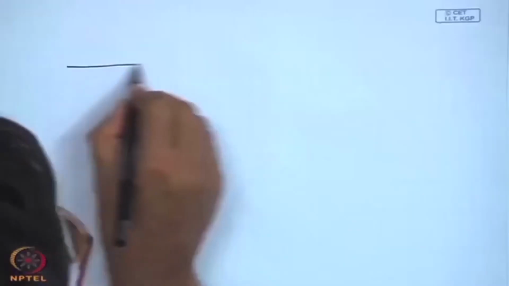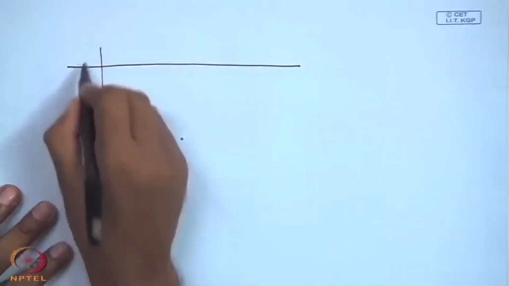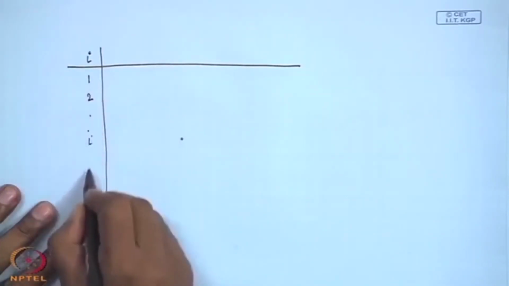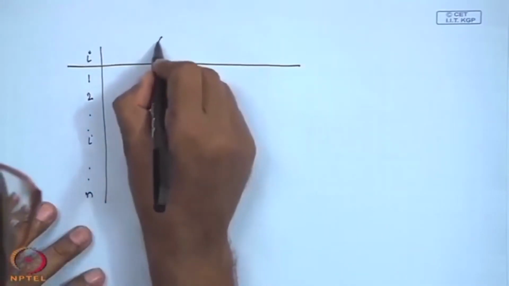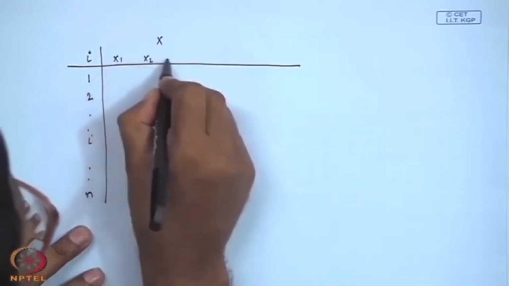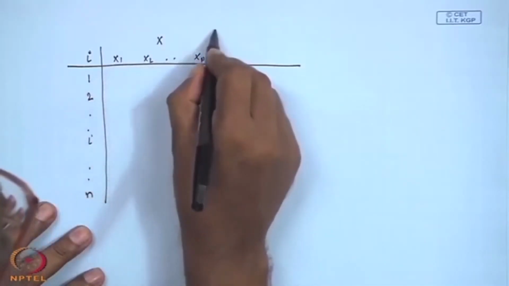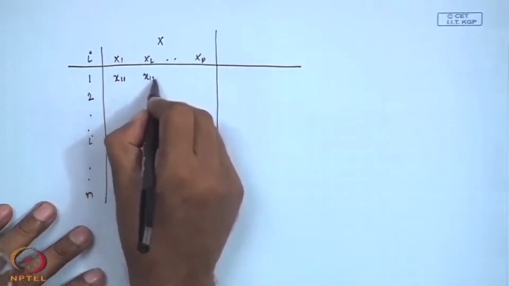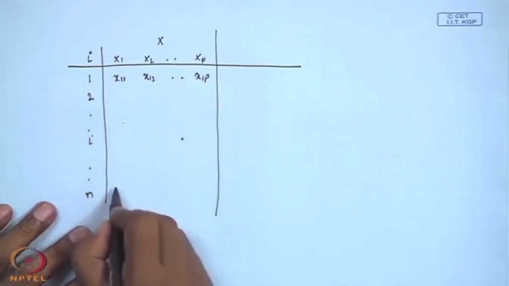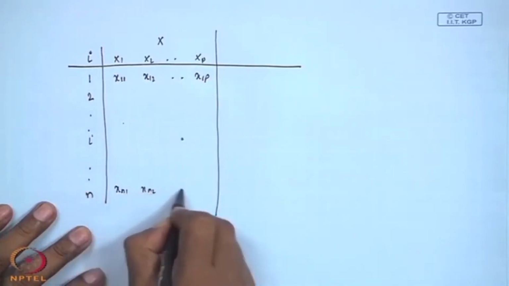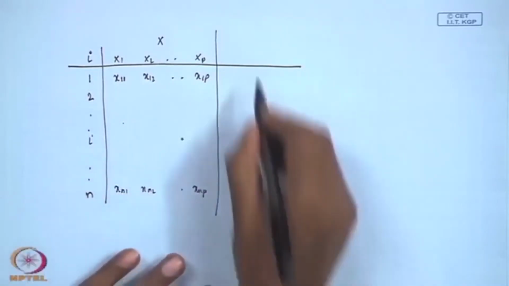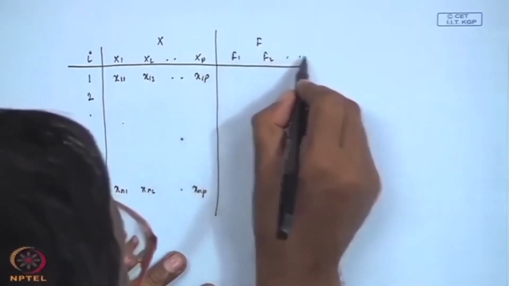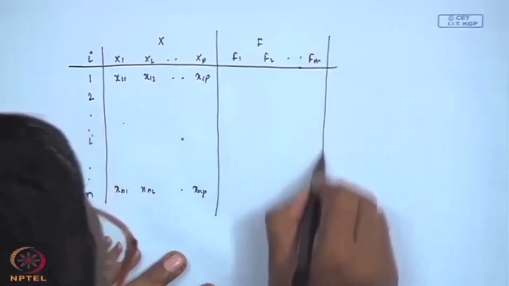So, pictorially we can write like this. You have collected n number of data points and you have x1, x2 to xp number of variables, or manifest variables. For every one you have collected the data, and you have created factors with this data set, F1 to Fm.